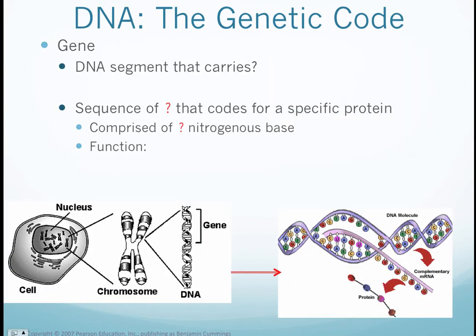Okay, now we're going to go over specifically why DNA is important. It's important because it contains the blueprint of how we can synthesize and create all the different proteins within our body. And all of this encoding and all of these instructions to create these proteins are found in regions called genes.